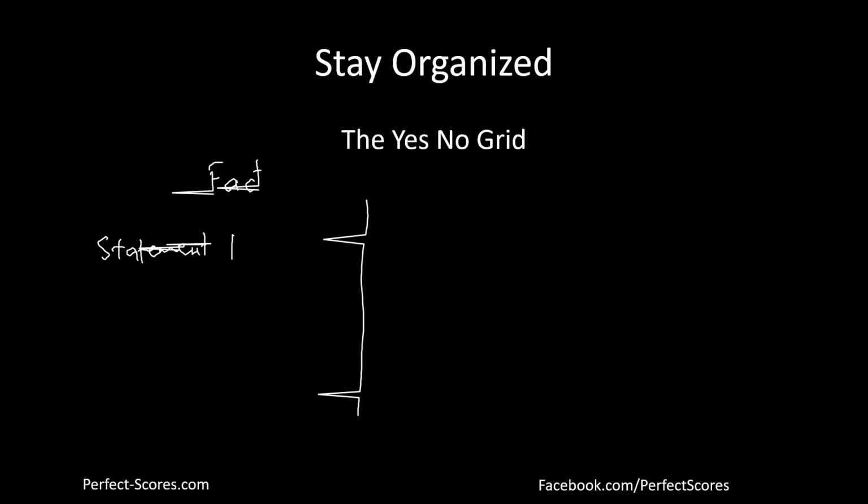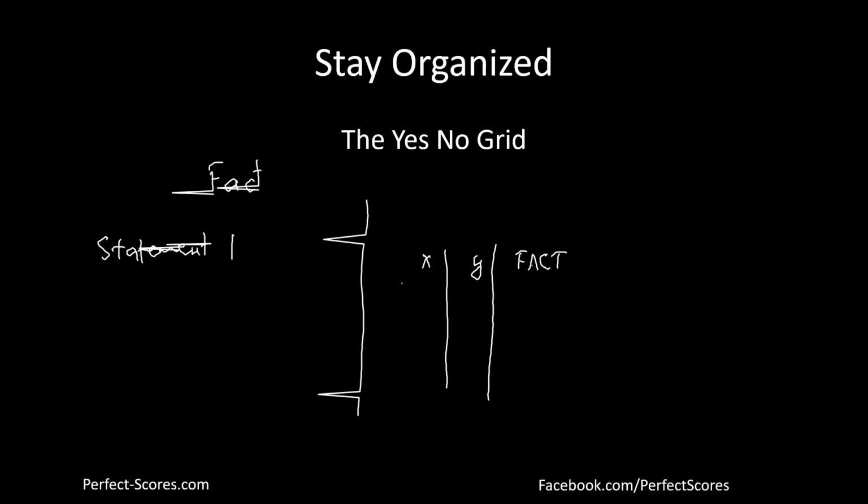So what you can do is draw a yes/no grid where it'll actually help you solve yes/no problems. What you do there is you first have your variables. Let's say you have a variable X, you have a variable Y, and then you plug in the values for X and Y in columns.